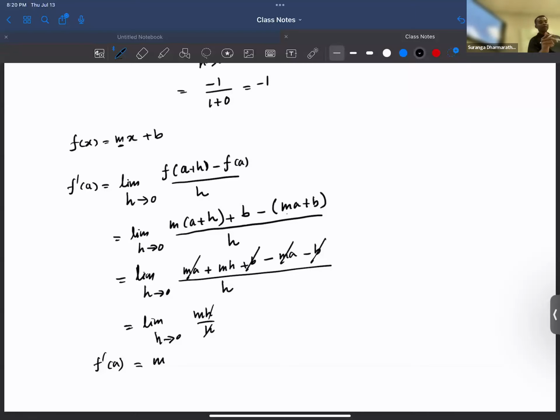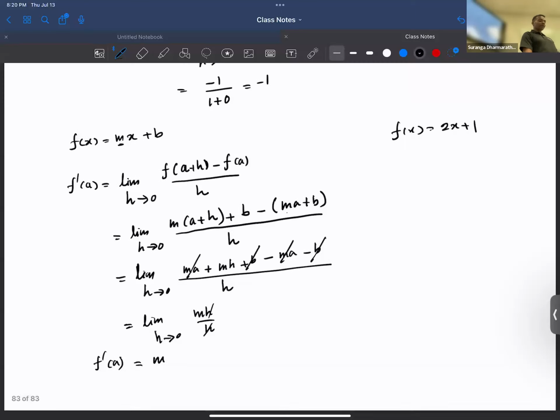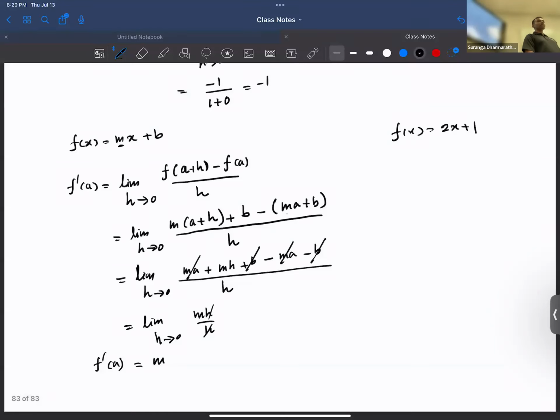So for example, if you are given f of x equal to 2x plus 1, what is the derivative of this function at x equal to? What did I say earlier? If you have mx plus b type of function, the derivative at any point is equal to m. That means the slope, right?